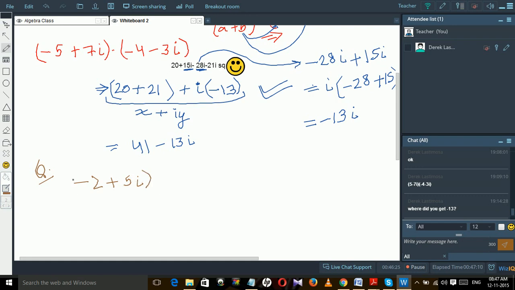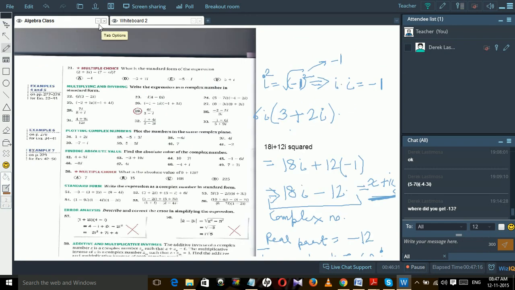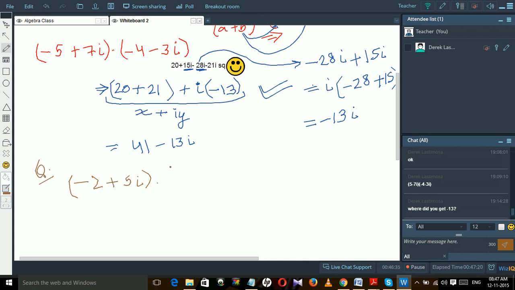Okay, minus 2 plus 5 iota. It is minus 1 plus 4 iota.